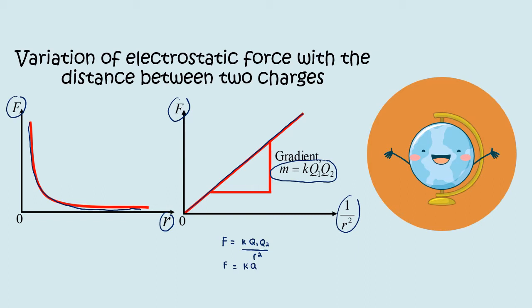We separate the equation as K Q1 Q2 times 1 over R square so that we can compare with y equals mx plus c. So F is the y-axis, 1 over R square is the x-axis, and the gradient is K Q1 times Q2.